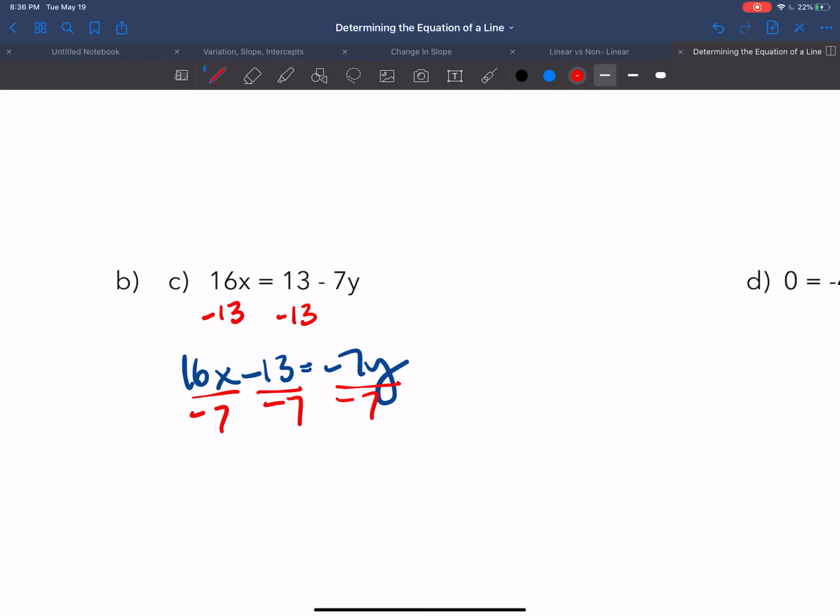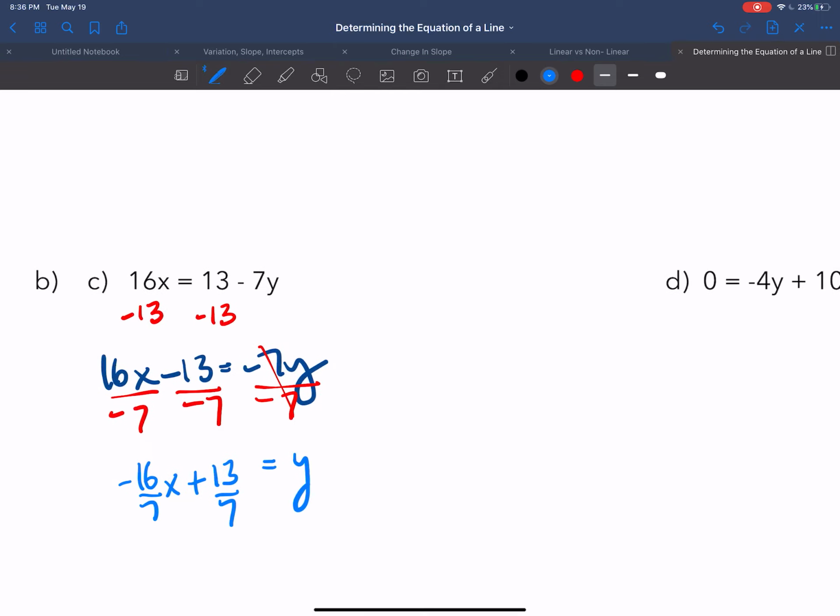And make sure that I divide everything by negative 7. So y is left on the right side. And then on the left side, I have negative 16 over 7x plus 13 over 7. I'm going to leave it like that. Fractions, if I could reduce, I would reduce.